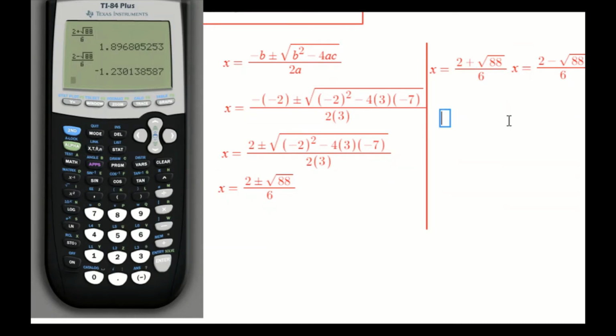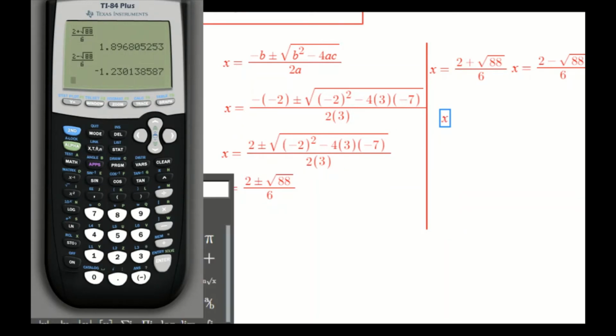So anytime you're estimating, you really don't want to write equals anymore. Instead, we're going to use approximately equal to. It's not something that I'm going to take off points for, but it is the correct way to write it. Now I'm going to round to 2 decimal places on this first one. It's 1.896.